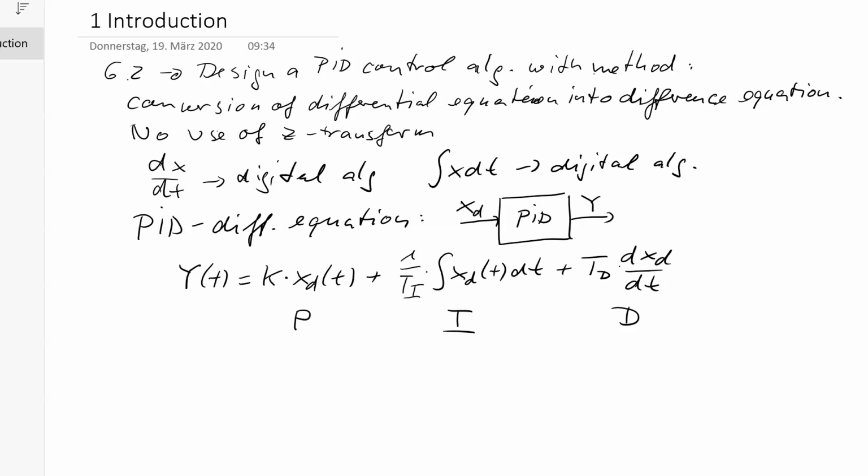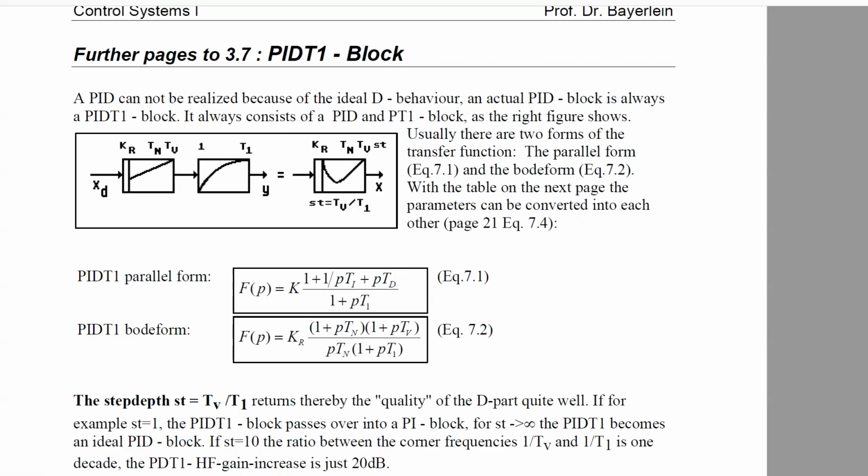If you compare this with a transfer function, which we can find in the workbook of Control System 1, I open the workbook. On page 20, you can see a transfer function of the PIDT1 controller. T1 means there is an additional PT1 part.